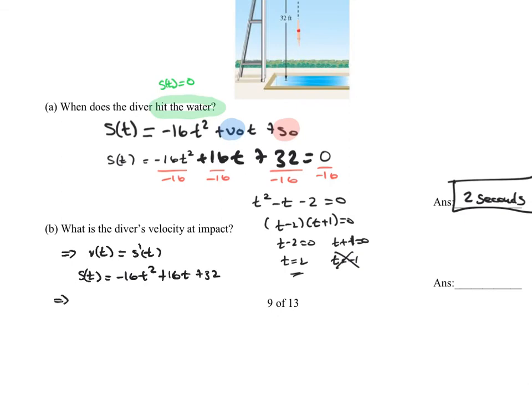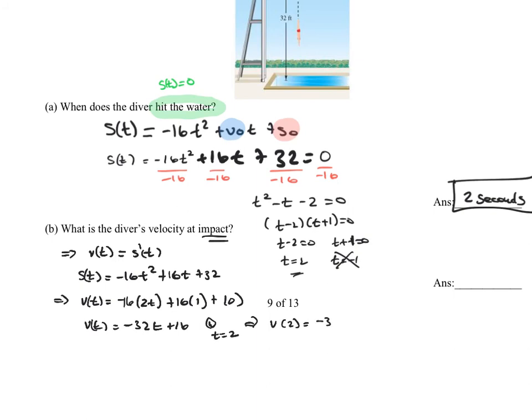Velocity, the derivative of that, would be negative 16 times the derivative of t squared, which is 2t, plus 16 times the derivative of t, which is just 1, plus the derivative of 32, which is just 0. So my velocity function is negative 32t plus 16. But I need to look at that at t equals 2 because it's when it hits the ground. So v of 2 would be equal to negative 32 times 2 plus 16.